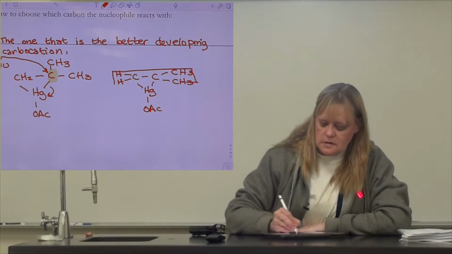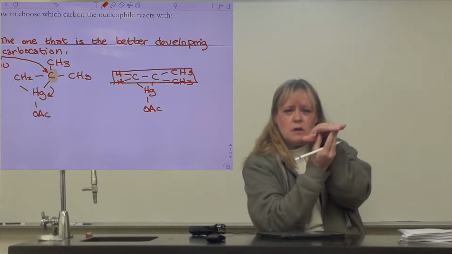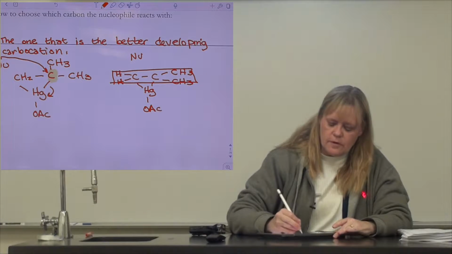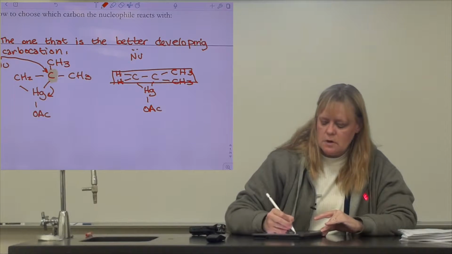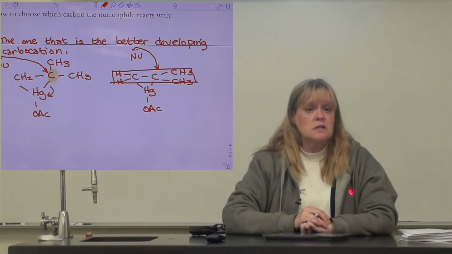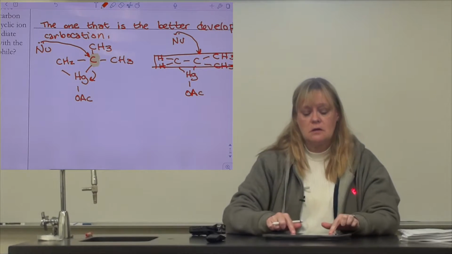It's like you have this in a plane, and then you have the mercury blocking it from below. But you can react this nucleophile with either carbon. So since we want to go with the tertiary, that's wide open. So the difference is whether you want to draw it the way it actually looks or the simplified way that we've been doing it.